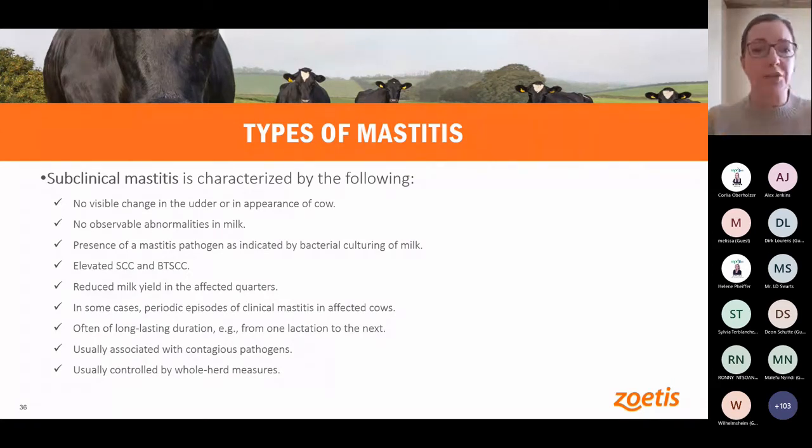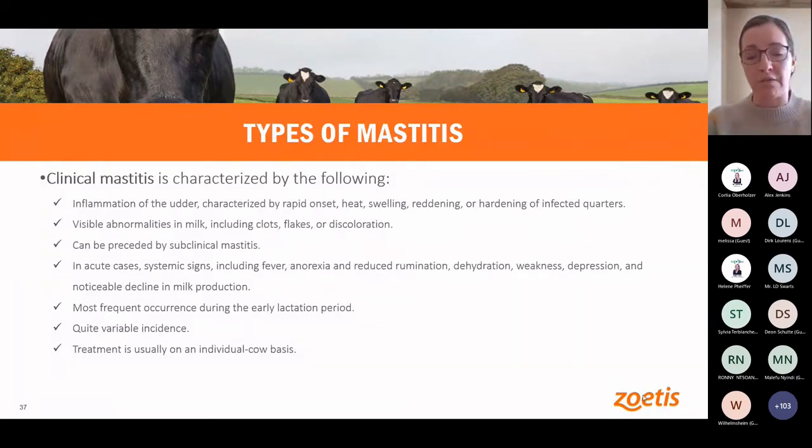Clinical mastitis, usually here there's a visible inflammation of the udder. It's usually quite a rapid onset, heat, swelling, reddening, all those signs of inflammation, hardening of the infected quarters. You'll also see visible abnormalities in the milk, clots, flakiness, discoloration. It can be preceded by subclinical mastitis, and in acute cases where the animals are systemically affected, they can have fever, go off their feed, reduced rumination, dehydration, weakness, depression, etc. And then that noticeable milk drop, right?